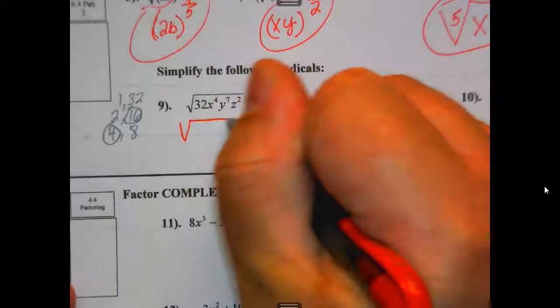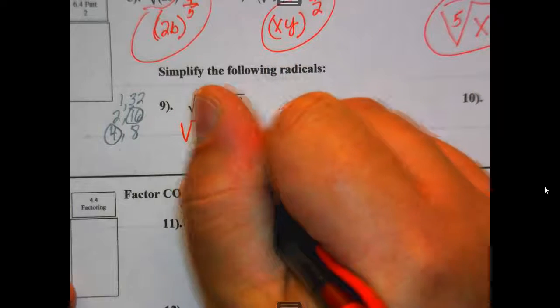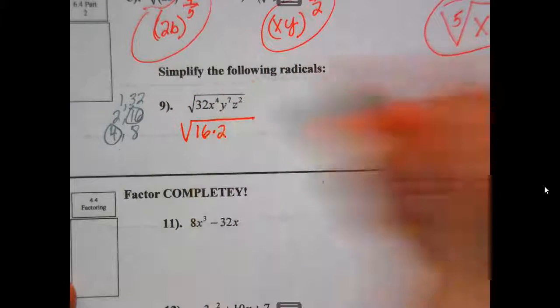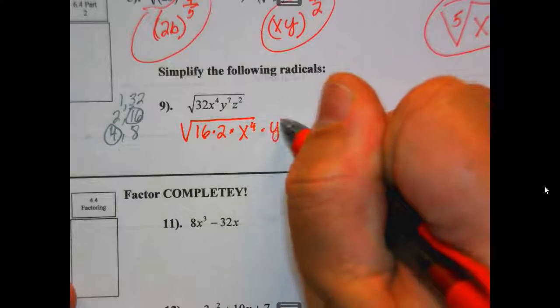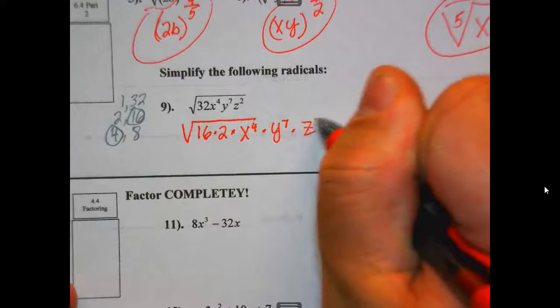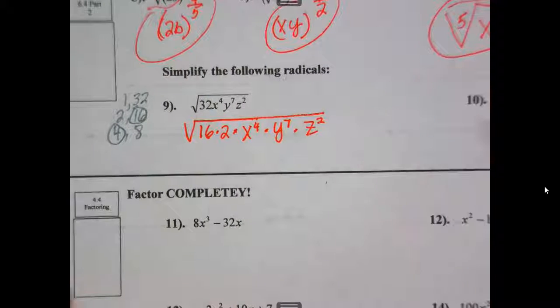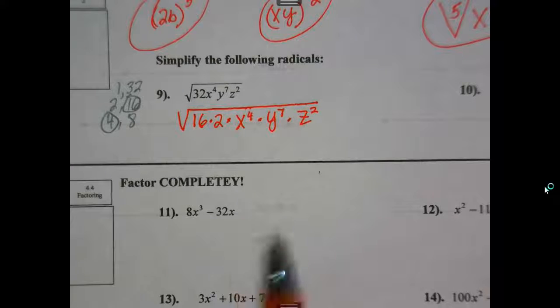So I'm going to change 32 to 16 times 2 times x to the 4th times y to the 7th times z squared. Okay. Because 16 times 2 is 32.